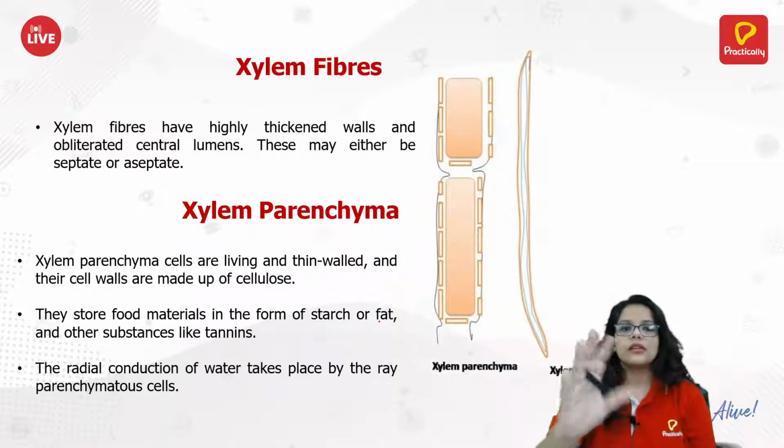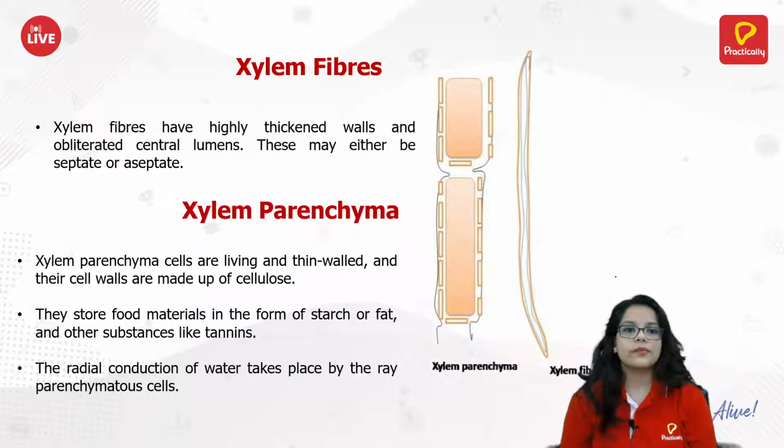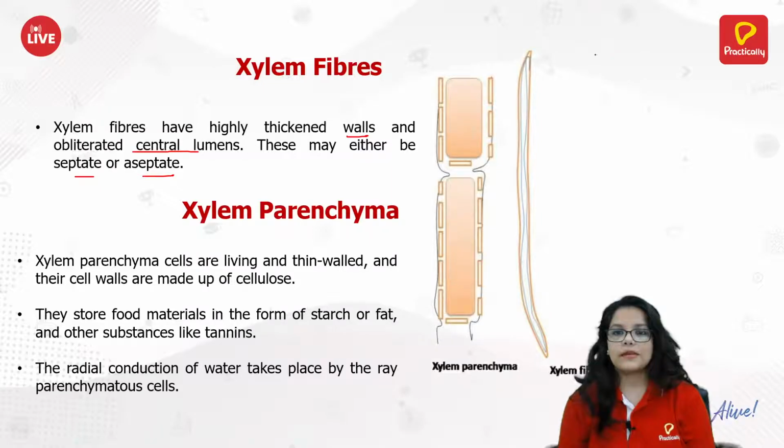Similarly to tracheids, we have the fibers. Fibers have highly thickened walls and obliterated central lumens. These may either be septate or aseptate. See, this is how a fiber looks, almost like a tracheid.